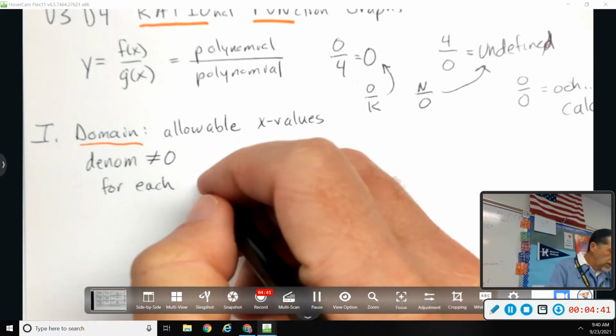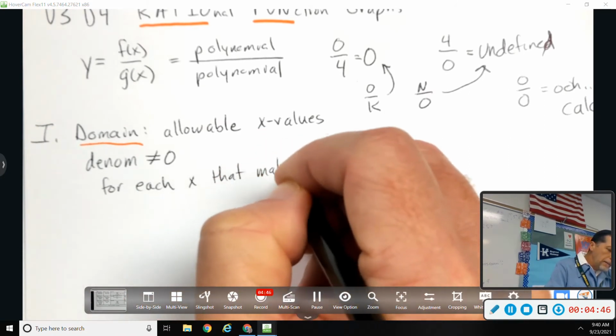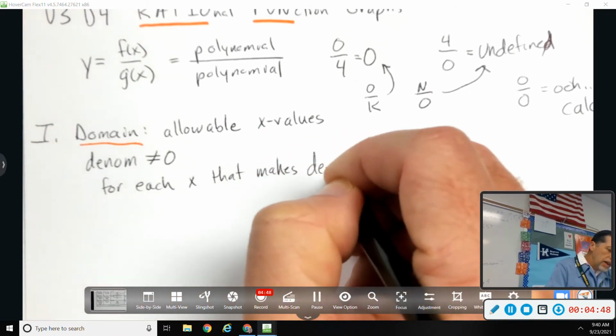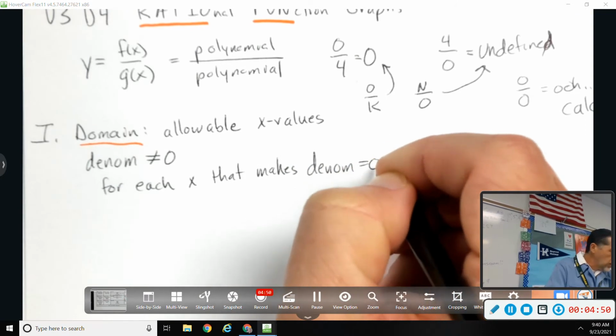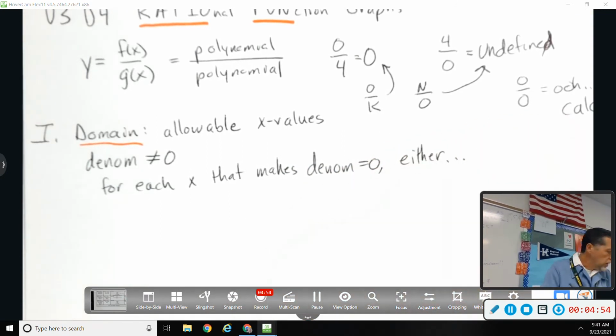Now, for each x that makes the denominator equal to 0, one of two things is happening.